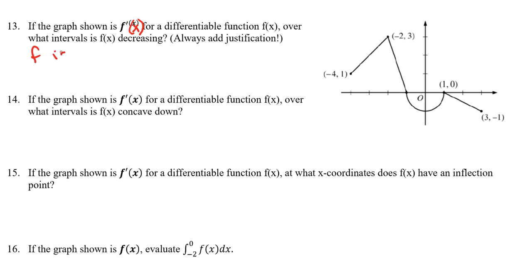So f is increasing, always justify now, f is increasing where f prime of x is greater than 0. And that would be on the interval from -4 to -1.